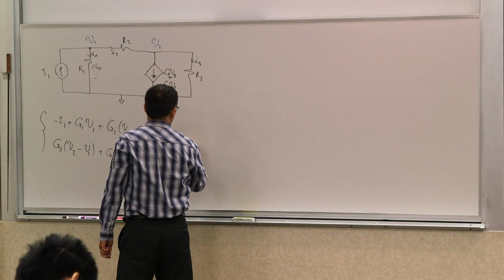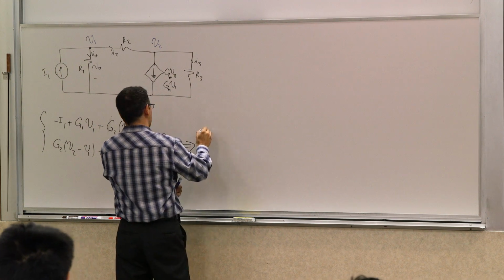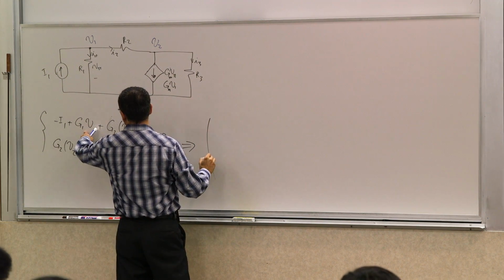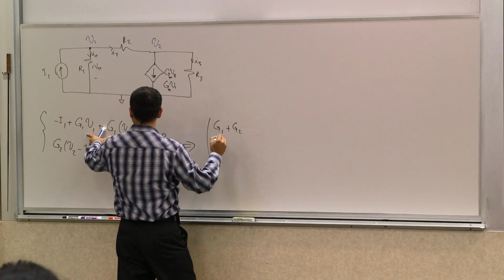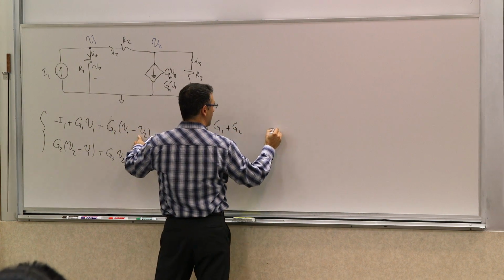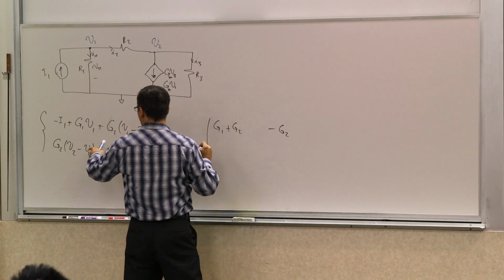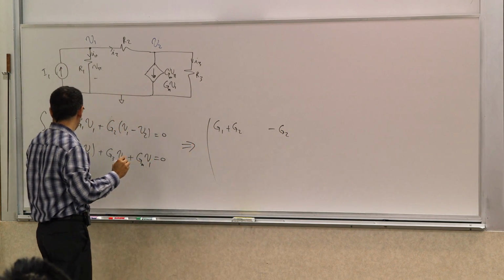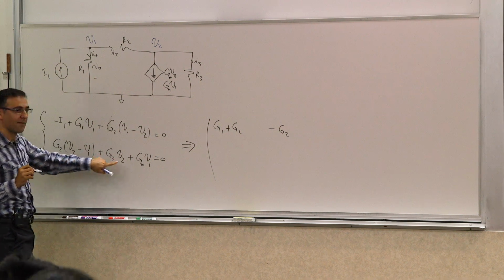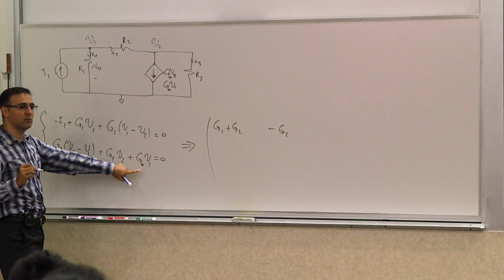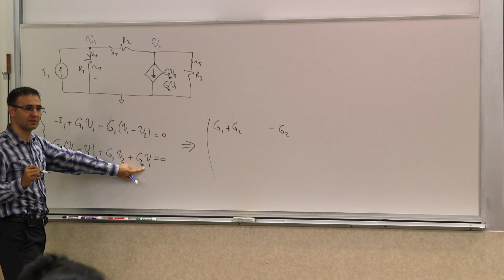So if I translate this to rewrite them in matrix form, what do I get? All the terms that have G1, I get G1 plus G2. Then I get negative G2. Then here, what do I get for V1? I get negative G2 from here, but I get one more thing, this term.